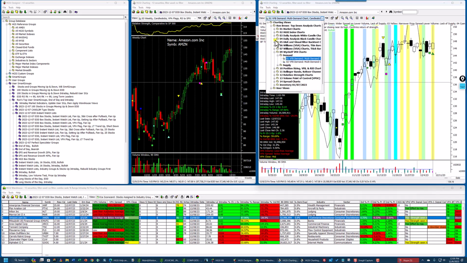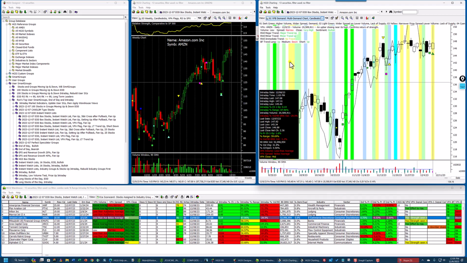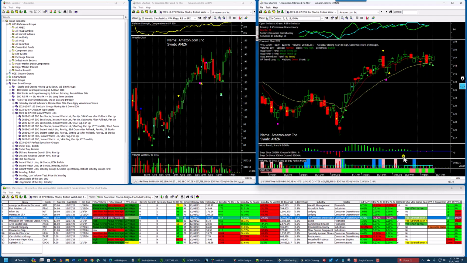Okay, I'm going to go back up here to my black charts, and I want to point out that I use 2B a lot just because I get more information in here without having all the other moving averages.